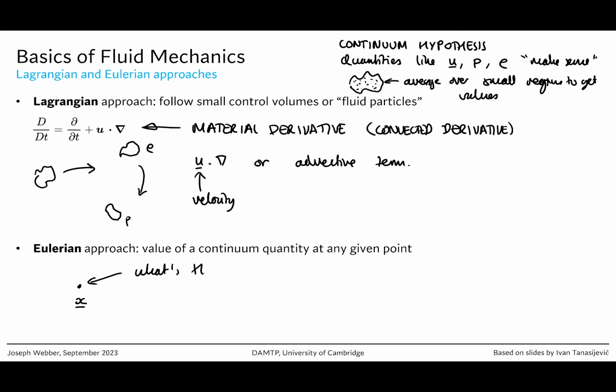What's the density here? And this will vary in time, both due to it just varying in time because the system might be changing in time, or due to fluid particles moving in and out of this region X. And so this is the approach we're going to take for most of our problems.